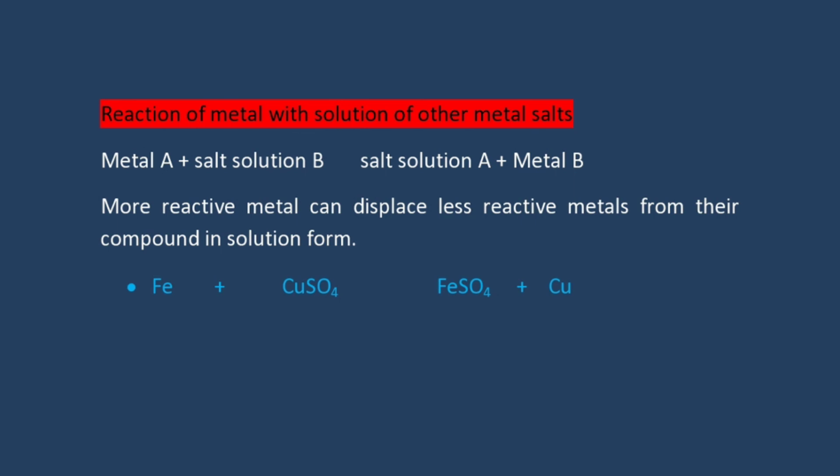In this reaction, iron is more reactive than copper. A displacement reaction is a reaction in which a more reactive element displaces a less reactive element. This reaction is an example of a displacement reaction.